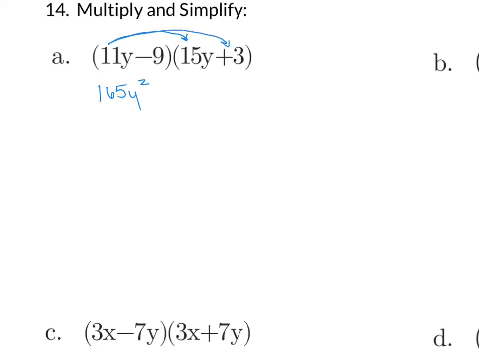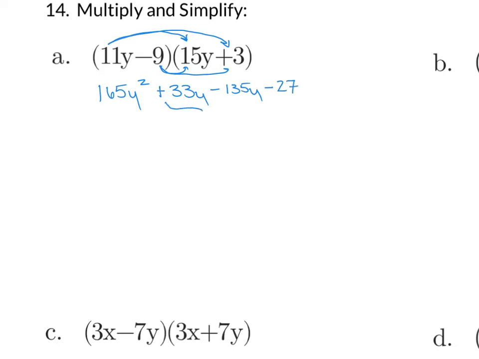Our outsides, we get 11y times 3 is 33y. Insides, we get negative 9 times 15y is negative 135y. And negative 9 times positive 3 is negative 27.